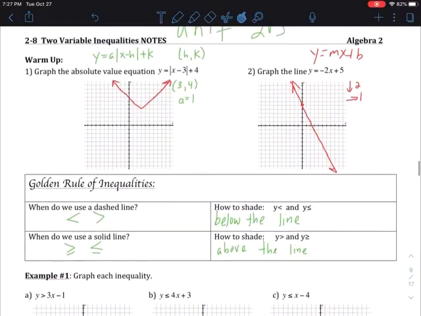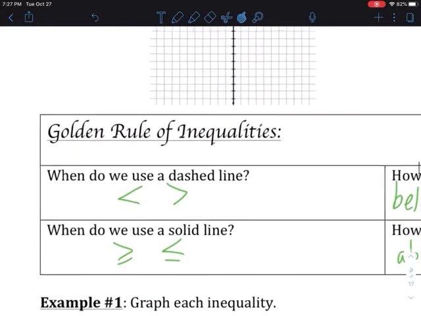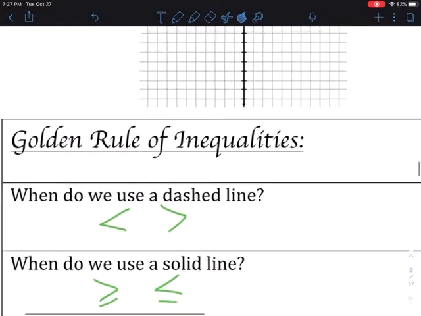Now, when we are doing this, please remember the golden rule of inequalities.